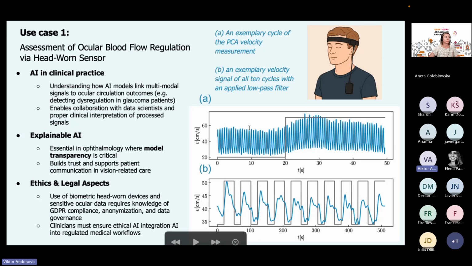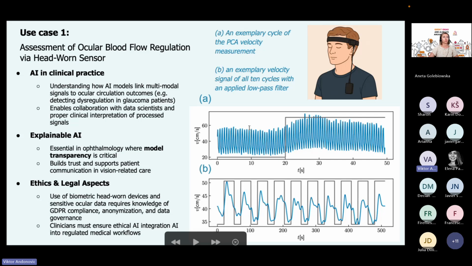So we pass the sensor and we look at the signal, and here on the bottom side, in figure B, the gray line on the top shows the moment where the eyes are open, and the gray line at the bottom shows the moment where the eyes are closed. And these are 10 such cycles.